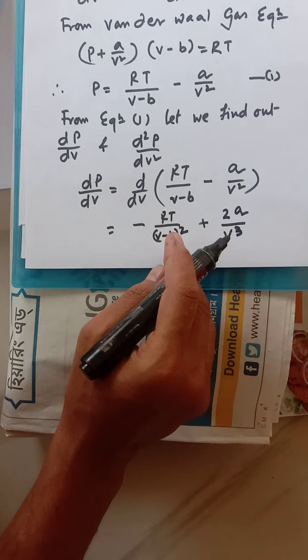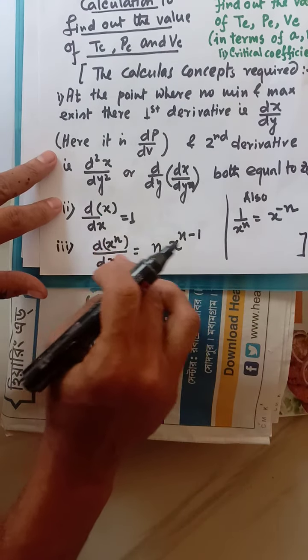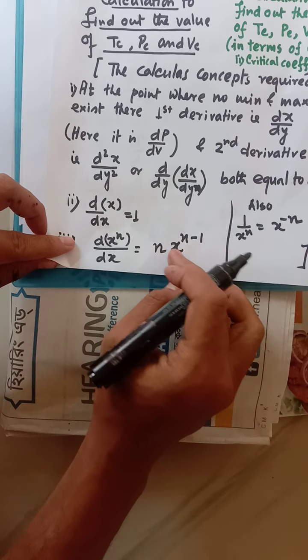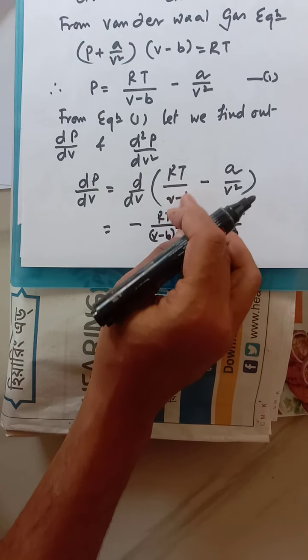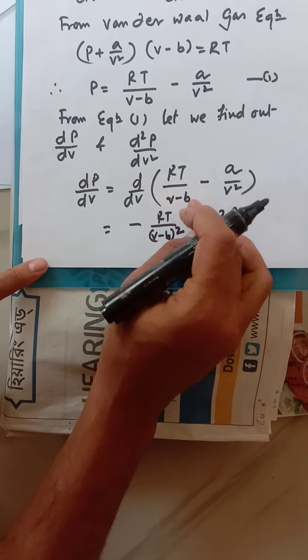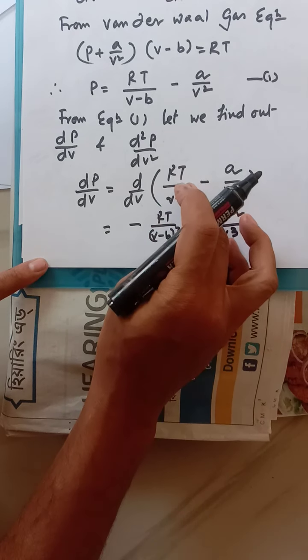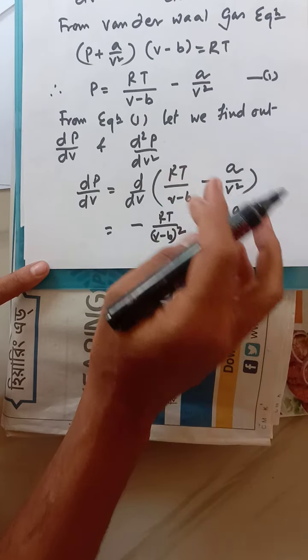Here we have applied the formula: d/dx of x to the power n equals n x to the power n minus 1. Here V minus B is the total variable with no power, so the power is 1, but it is in the denominator, so the power is minus 1.